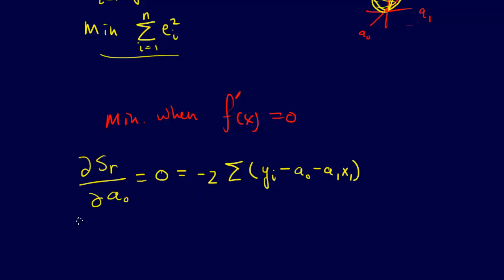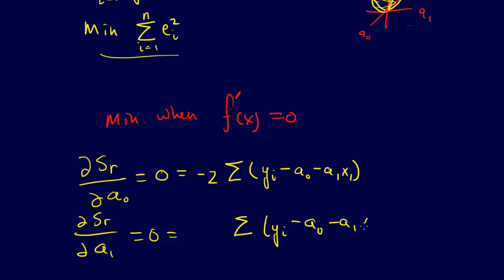Okay, so the second equation is the partial of SR with respect to a1, and set that equal to 0. Our original equation is the sum of yi minus a naught minus a1 xi, and we had it squared right here.